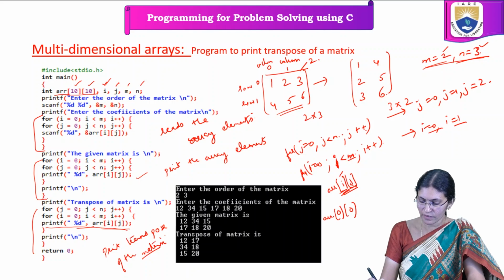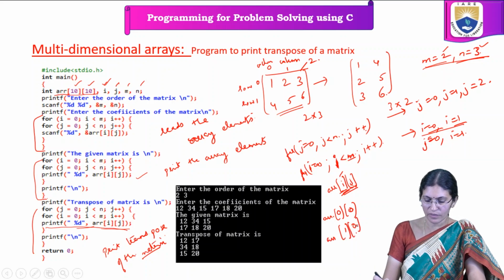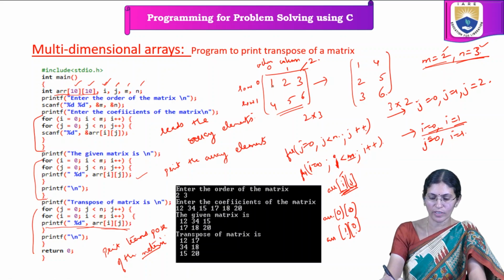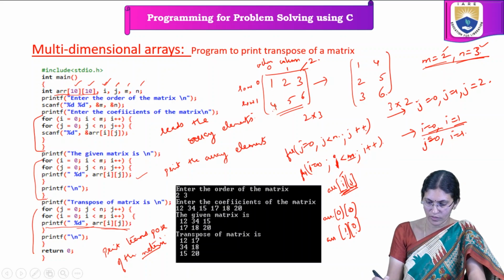After that, the second element printed will be, for j is equal to 0, I is equal to 1. So 1, 0. At 1, 0 we have 4. So therefore this is the output.